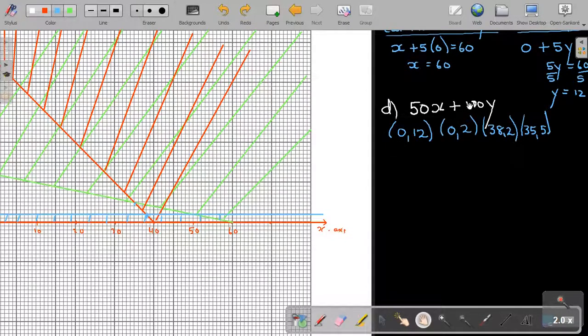Okay, and now I'm just going to put it in that expression. So for this point, it's going to be 50 times 0 plus 100 times 12. Okay, we'll now work that out. And this is going to be 50 times 0 plus 100 times 2.